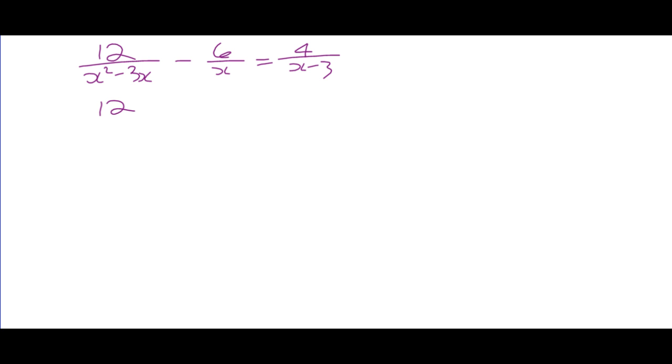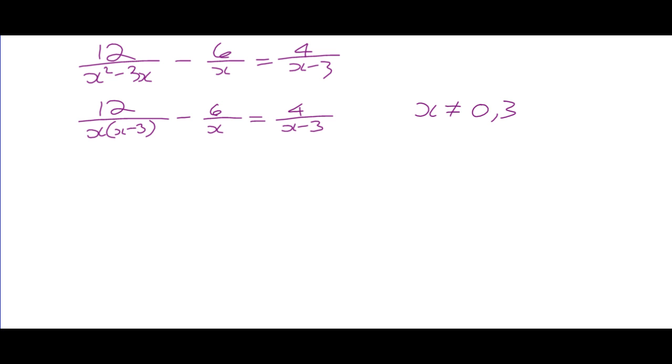You must show this next line. The cancellation is optional: you don't need to show me that you're going to multiply every term by this, but you've got to show this. Okay, now we state restrictions. What are the restrictions? 0 and 3.